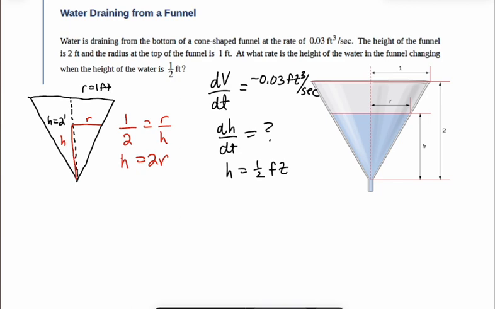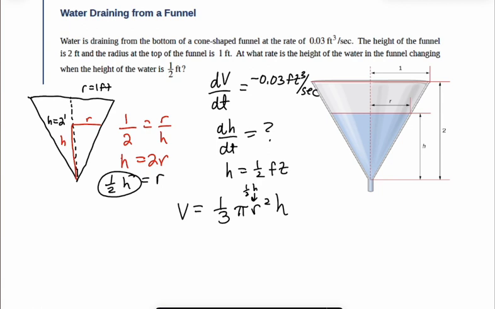So V and H. Well, I know that the volume of a cone is 1/3 pi r squared H. I know almost an equation with volume and height only. But what's really cool is if I solve this for R, I know that R is always 1/2 the height. So I can take this R right here and replace it with 1/2 the height. So that's a common thing that happens here also.